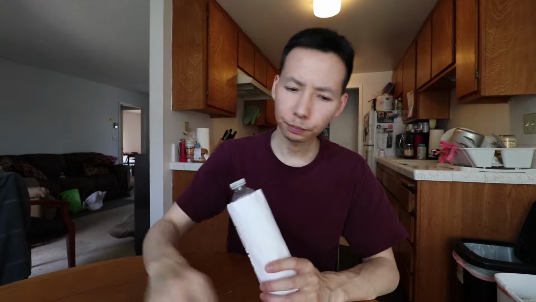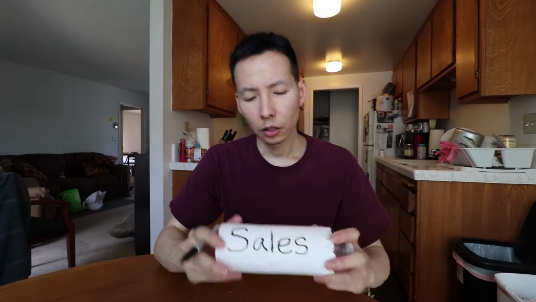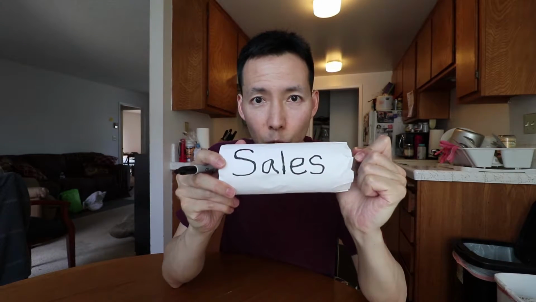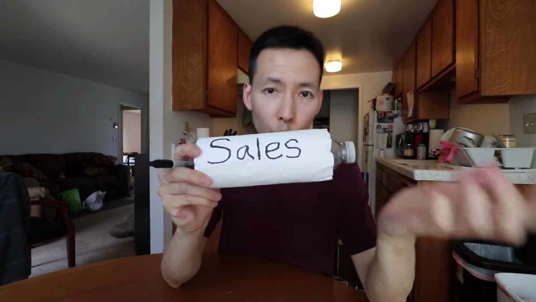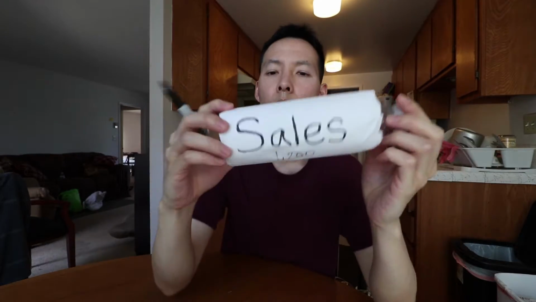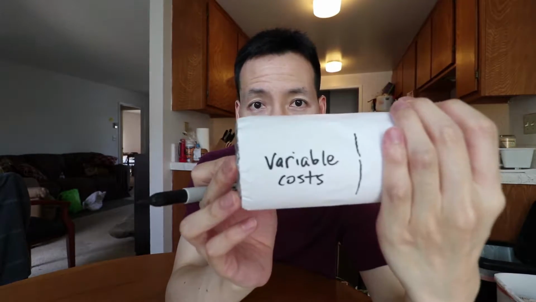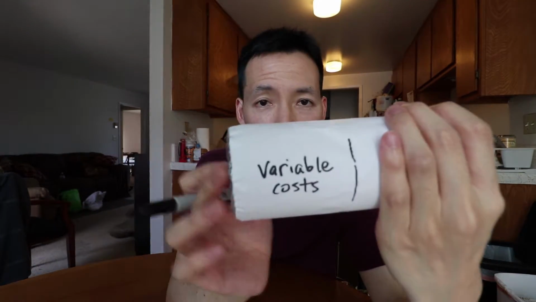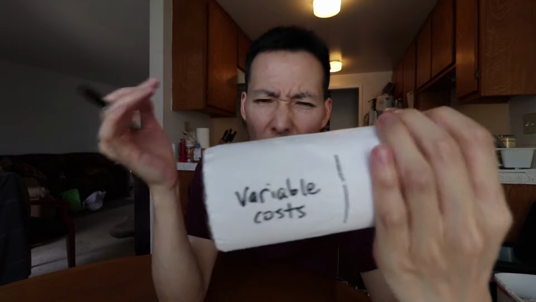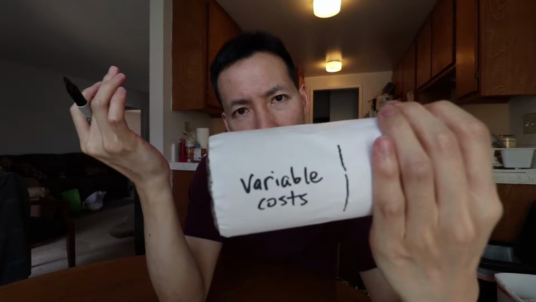So your total aggregate variable costs will change. Now, let's say you sell this for $1,200. And for every one of these bottles, there are variable costs. Let's just say that your variable costs are $575.